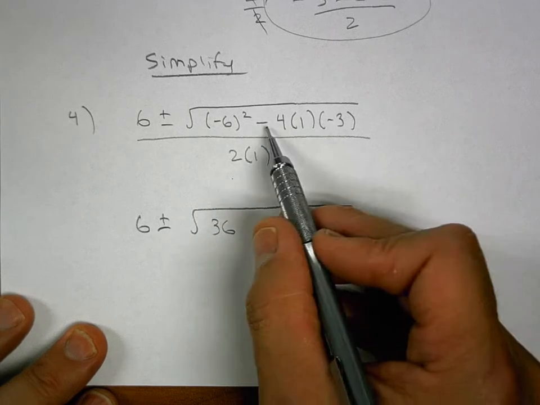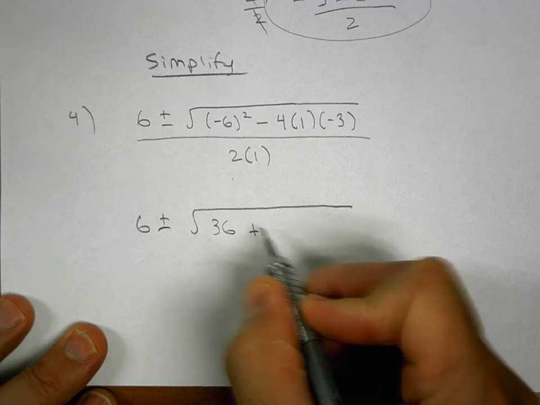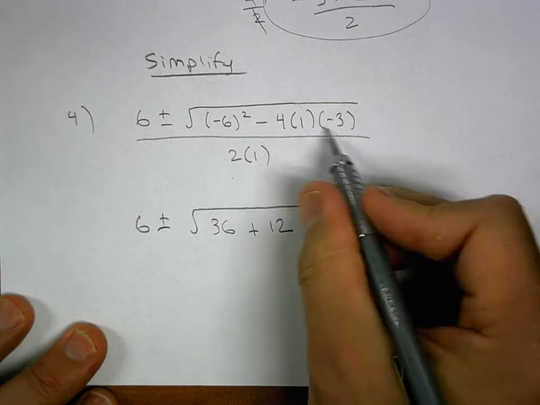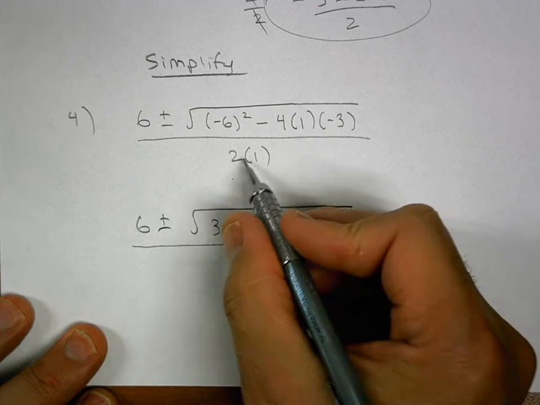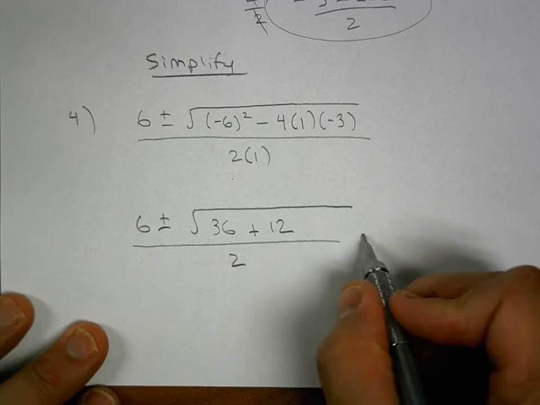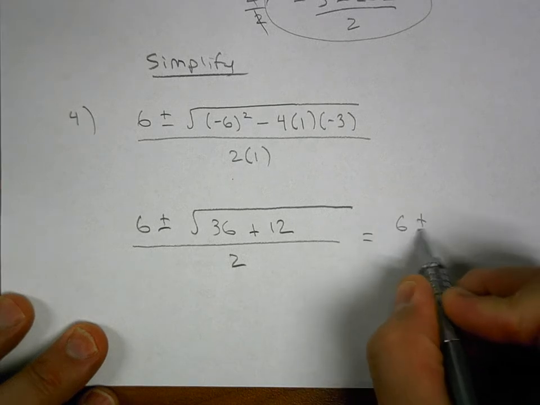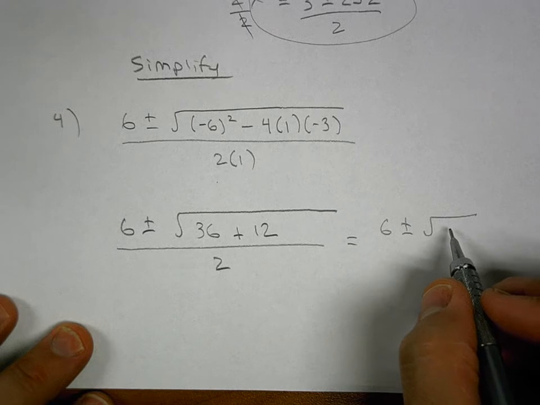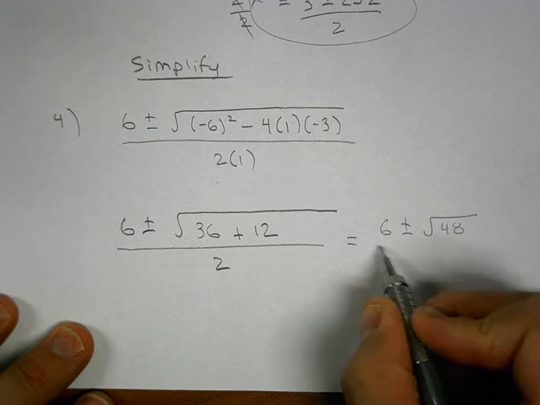So it's negative 4 times negative 3, but plus, multiply that out, what do you get? 12. All divided by 2 times 1, so just 2. So this is 6 plus or minus square root of 48, all divided by 2.